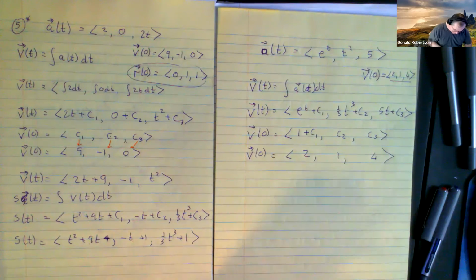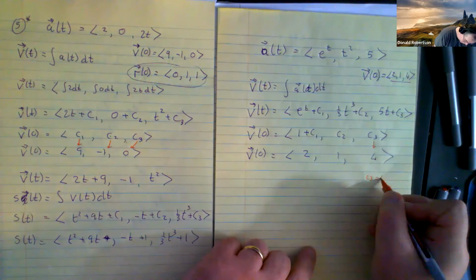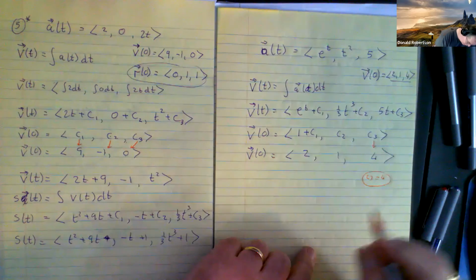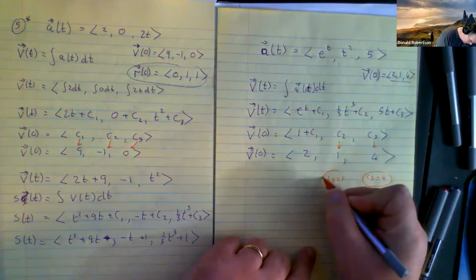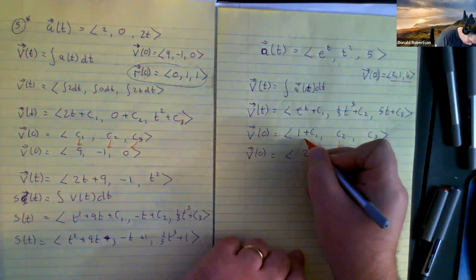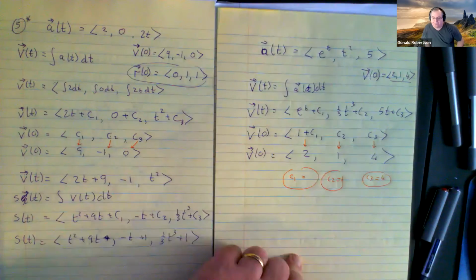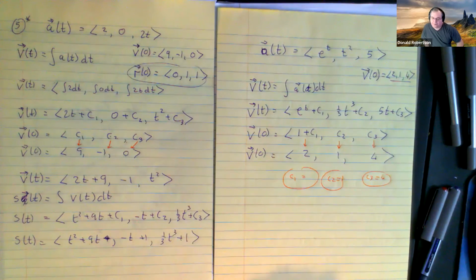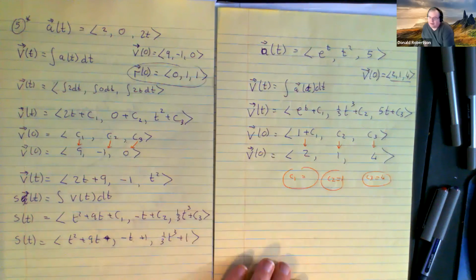Now, when we do the matchup, isn't C3 going to be 4? You do this matchup, C2 is going to be 1. But when you do this matchup, what is the value of C1? Because it's not 2. 1. You see what I was getting at?